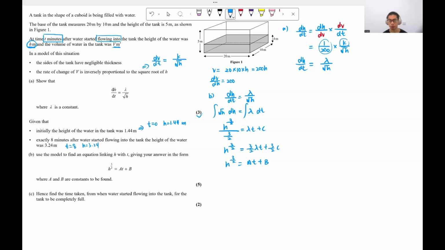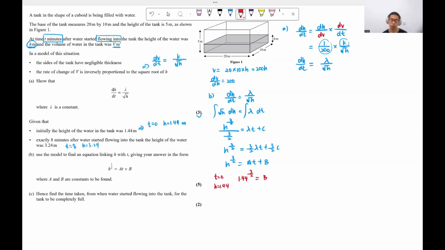Now we just have to find what A and B are. We have two conditions and two unknowns, so that's sufficient. When t equals 0, h equals 1.44, so 1.44 to the power 3 over 2 equals B, since anything times 0 is 0.